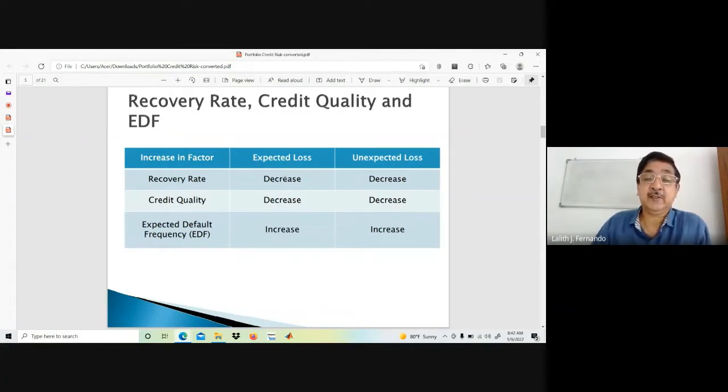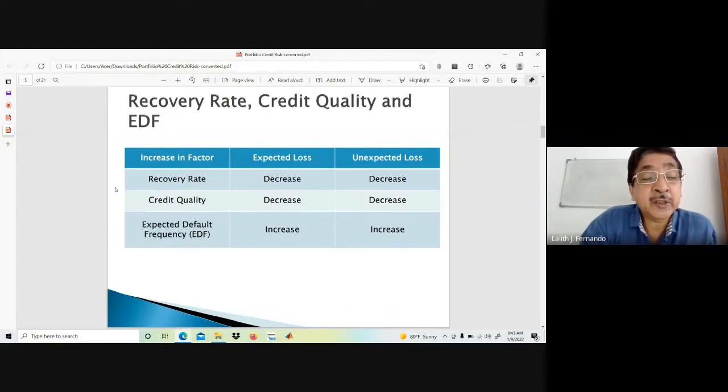It will decrease. Unexpected loss also will decrease. So as an objective, a portfolio manager or a credit manager should try his best to increase the recovery rate. When the recovery rate increases, the expected loss will go down, and the unexpected loss also will go down.